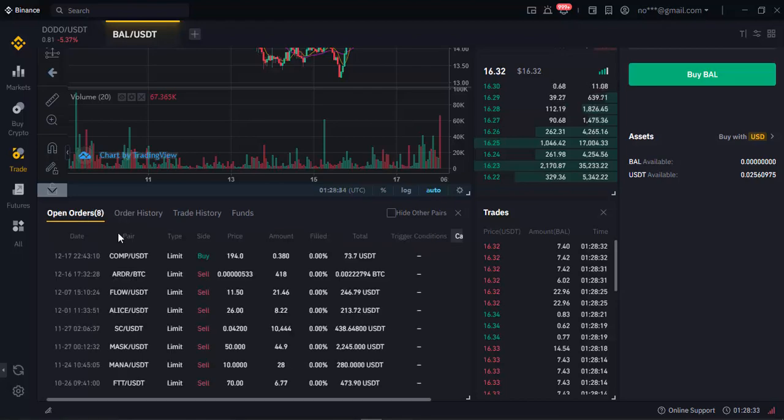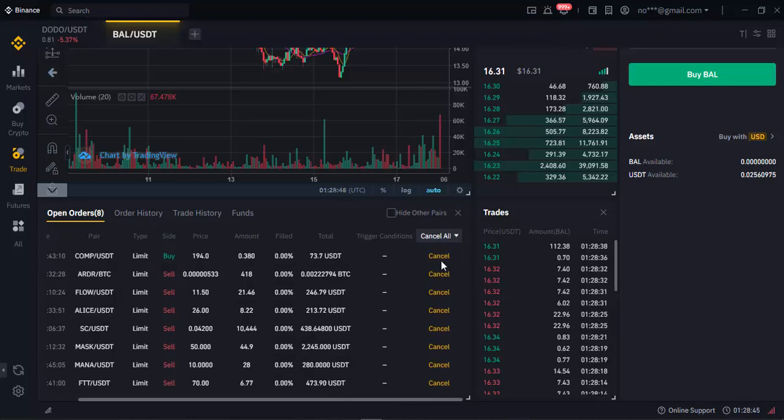This is the open orders waiting to be bought or sold. I'm going to cancel this particular one so we can use it for the practical. I'm not going to cancel everything. I'm only going to cancel this because it has 73.7 USDT, which we are going to use for this trade. It has been cancelled.